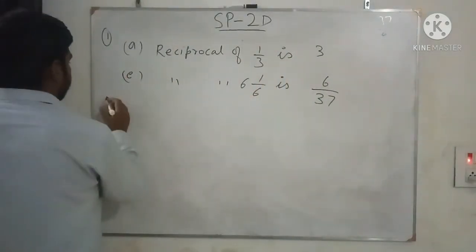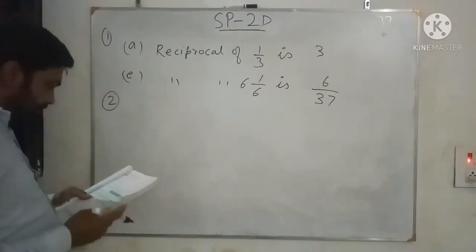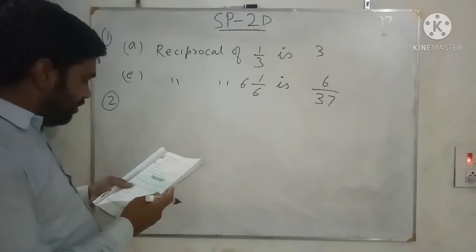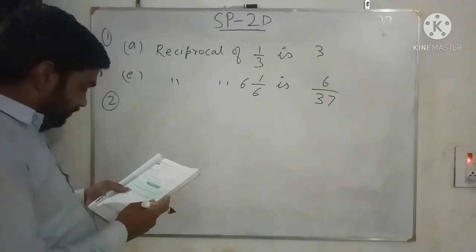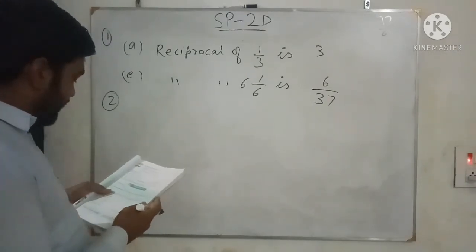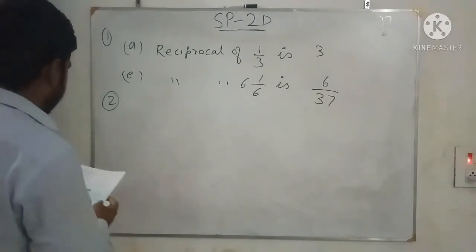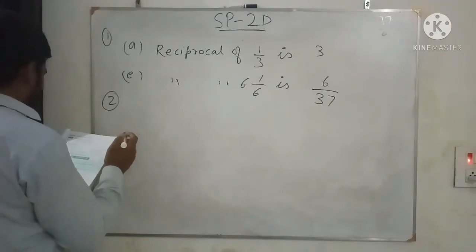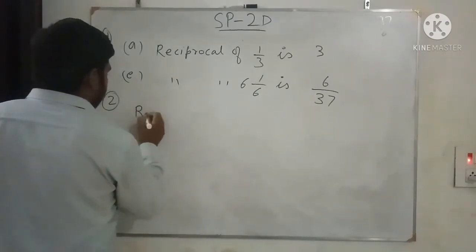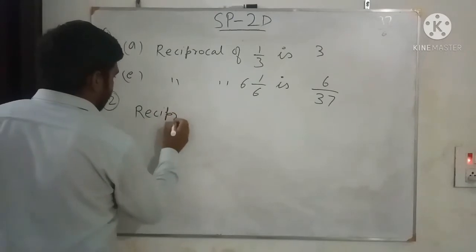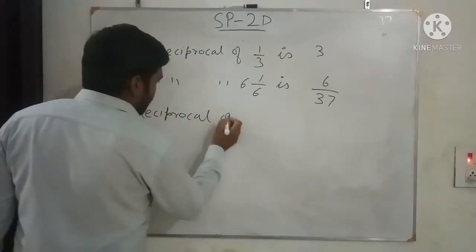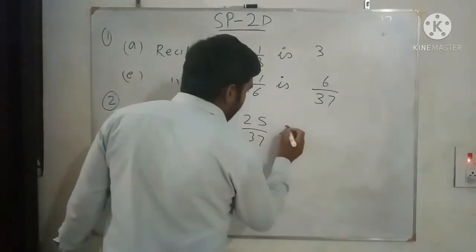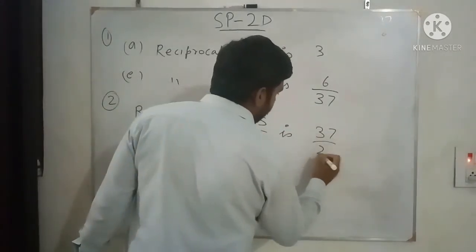Now see question number 2. By taking the following examples, show that the product of a number and its reciprocal is always 1. So here we have to find the reciprocal and the product. The reciprocal of 25 by 37 is 37 by 25.